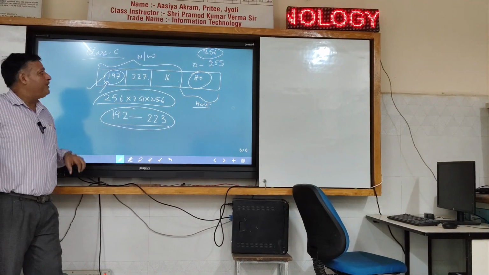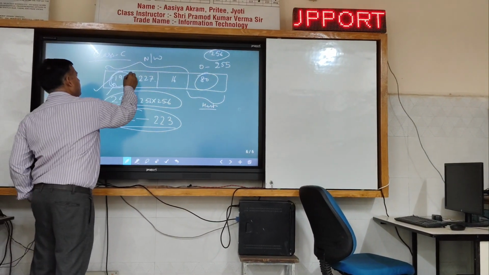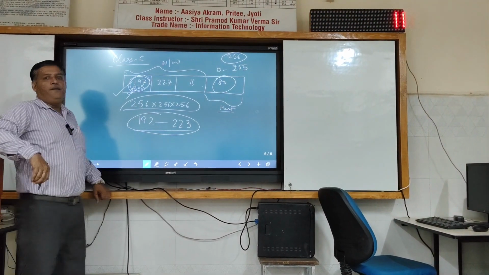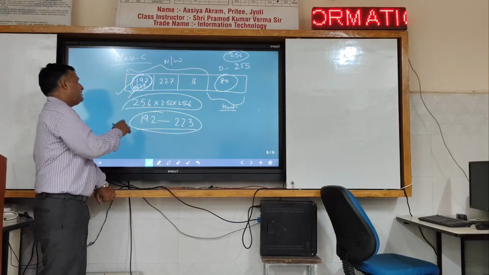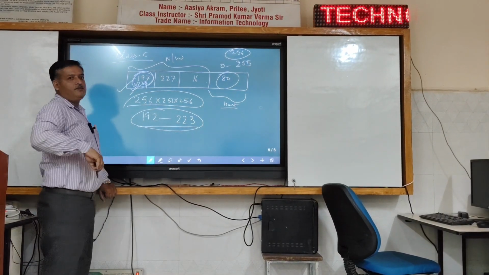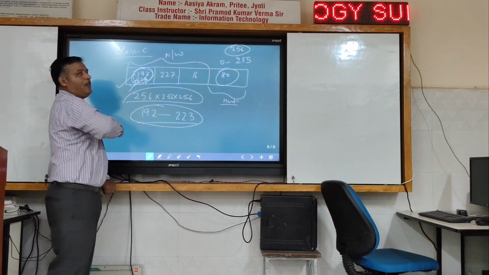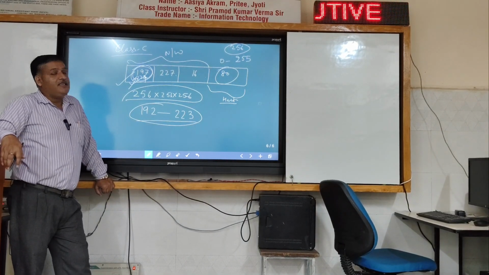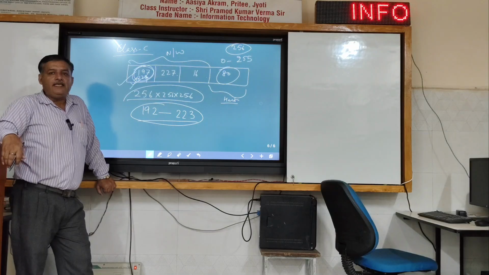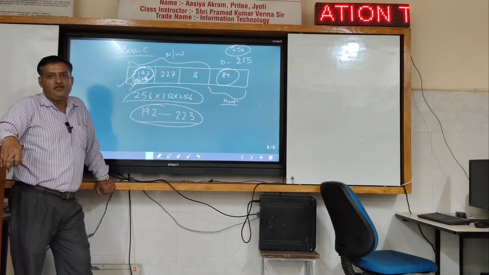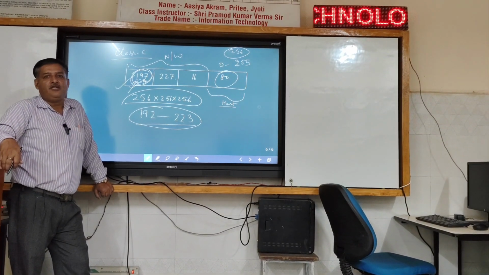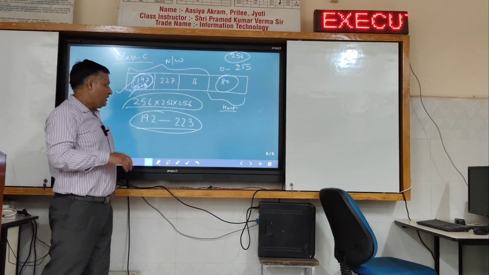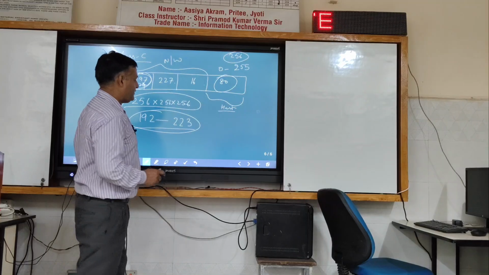So this is the valid limit. The concentration has to be given to the first octet, and if it is up to 223, then okay. But if it is 224, then again we have to think that this is not a valid class C network, because class C can accommodate only up to 223. These things you have to keep in mind always.